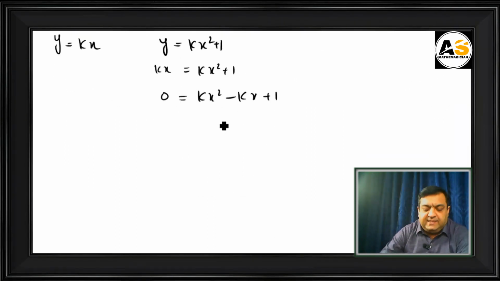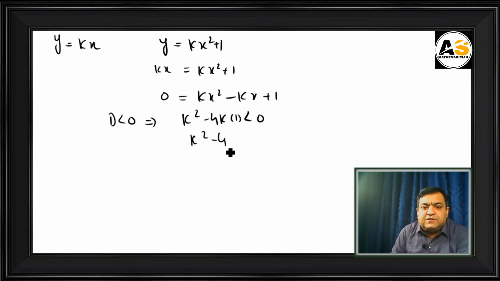So discriminant D is less than 0, that is b squared minus 4ac is less than 0, k squared minus 4k is less than 0, k into k minus 4 is less than 0.